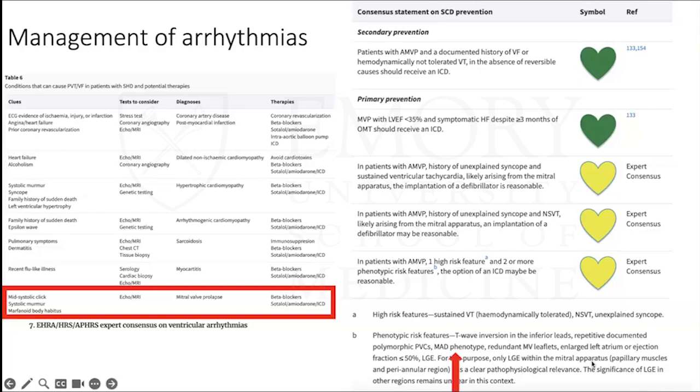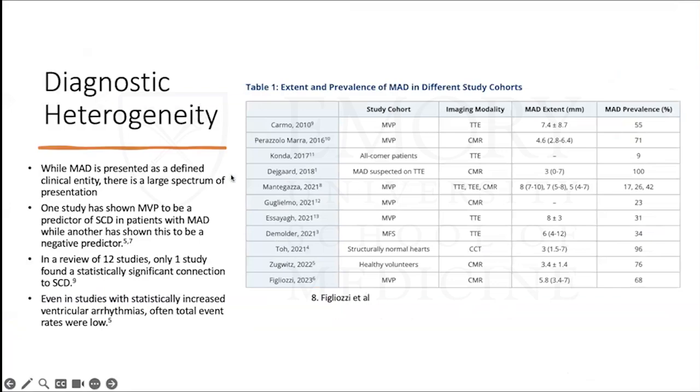And then other echo findings: enlarged left atrium, EF less than 30 to 50%, excuse me, and late gadolinium enhancement. So all of these things can kind of lead us. If you have all of these high risk features, then an ICD may be reasonable. So there's not a lot of strong recommendations for our clinical management.